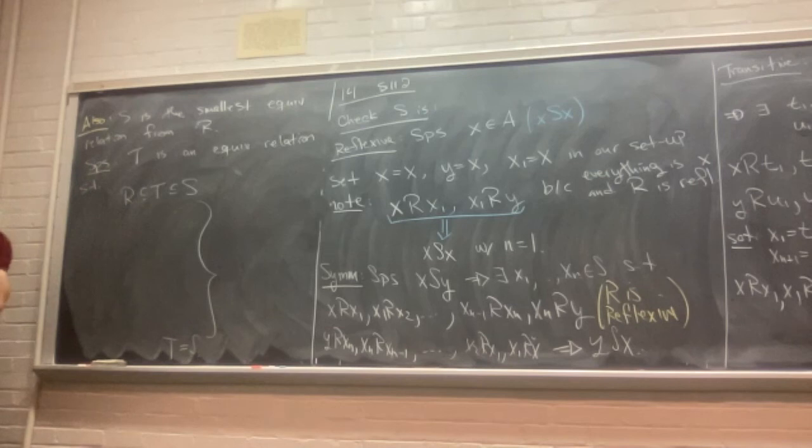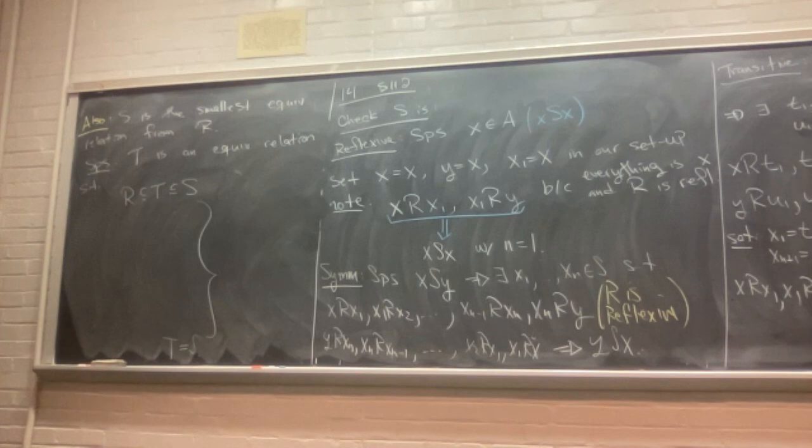We tried to fit a new equivalence relation between R and S, and then we were like, oh, I can't do it. Can't fit one in between R and S. That means that S has to be the smallest possible one, right?